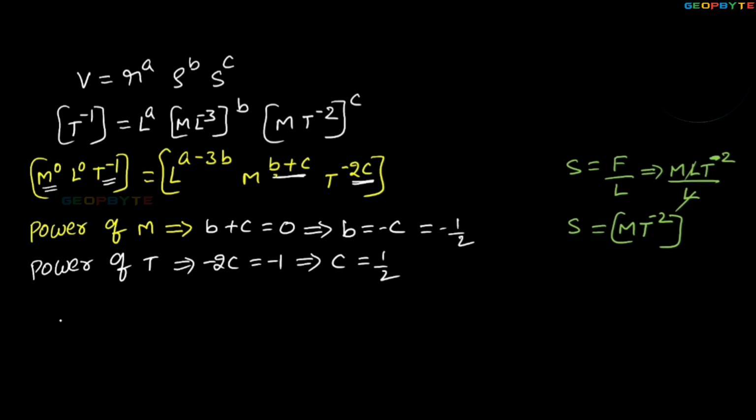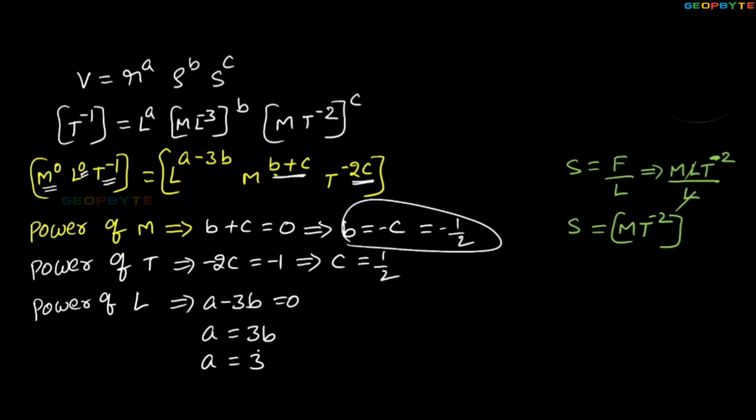Then the power of L: a minus 3b equals 0, so a equals 3b, which is 3 into minus 1 by 2, that is minus 3 by 2.